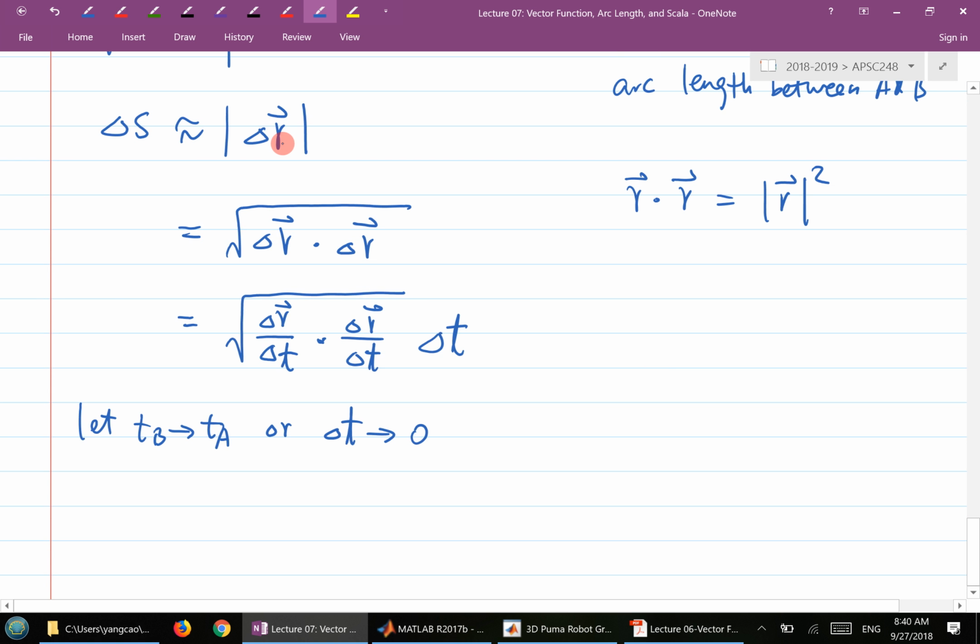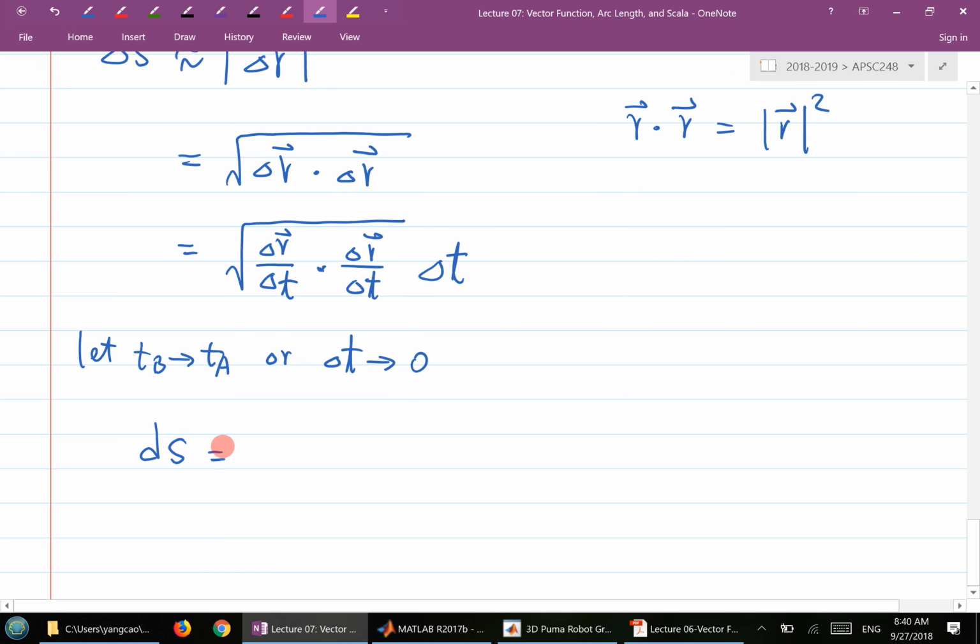But we don't use the delta anymore. For that kind of infinitesimal idea, the delta becomes a straight d. A straight d is an infinitesimally small quantity. So the delta becomes a straight d, and all of the deltas become straight d.